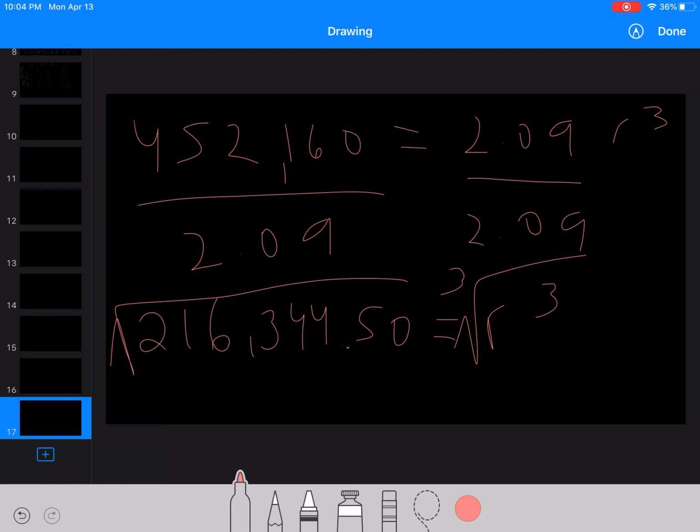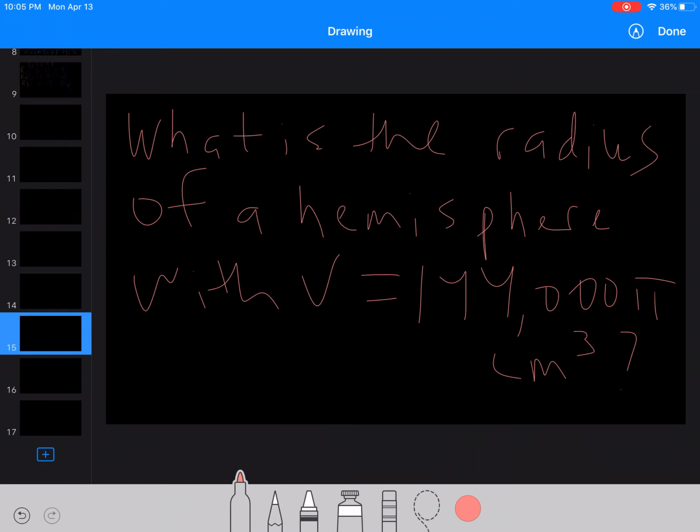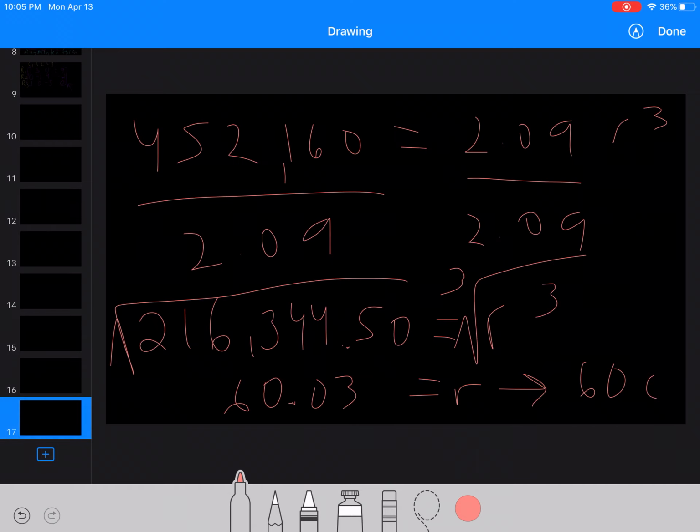What we get is 60.03. R equals 60.03. On the quiz, I think it asked us to round to the nearest whole number, so the nearest whole number would be 60. Did it say the units here? Yeah, centimeters. Okay, so that would be 60 centimeters.